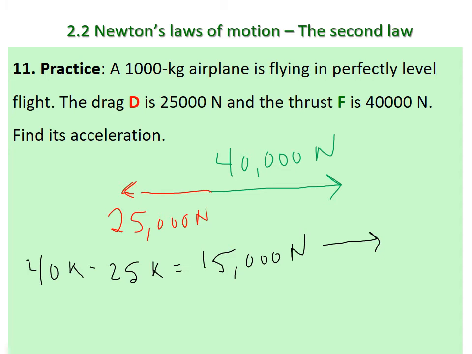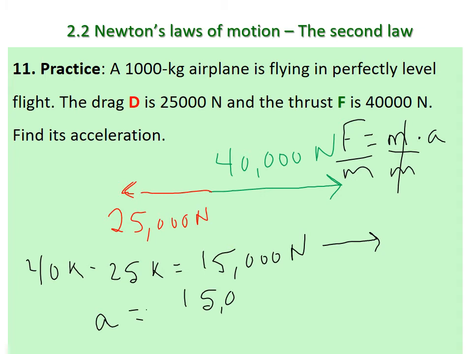So how do I get the acceleration? Net force equals the mass of the object times the acceleration, dividing both sides by m will give me the acceleration. So the acceleration of my 1,000-kilogram plane is 15,000 newtons divided by 1,000 kilograms.